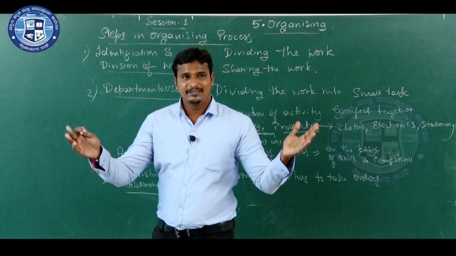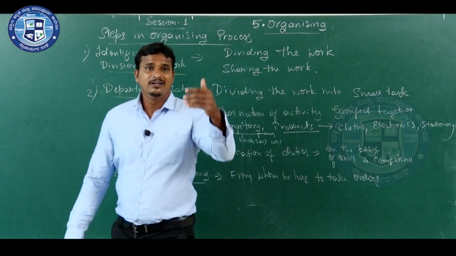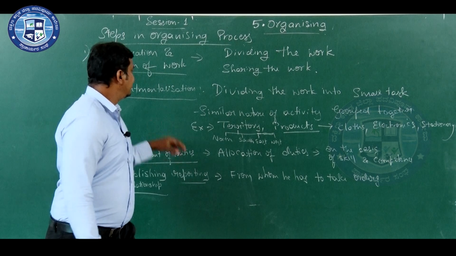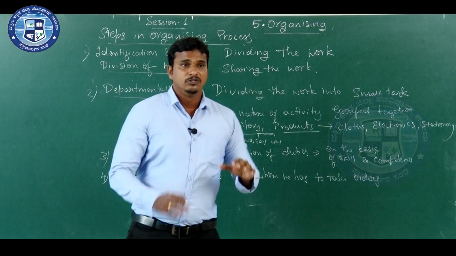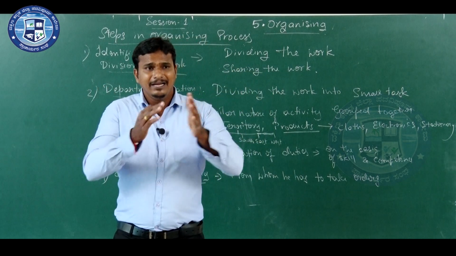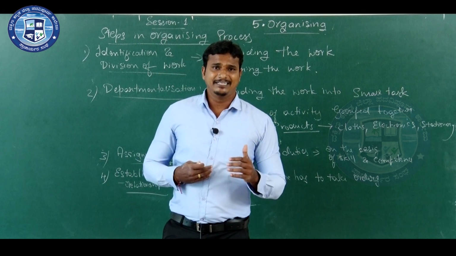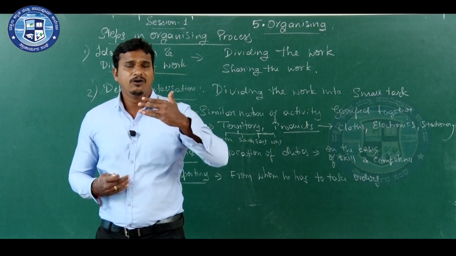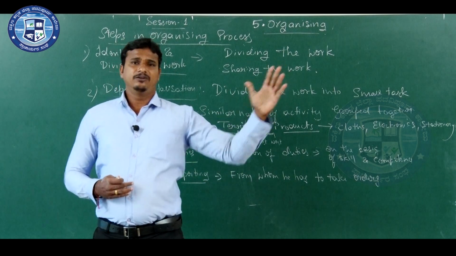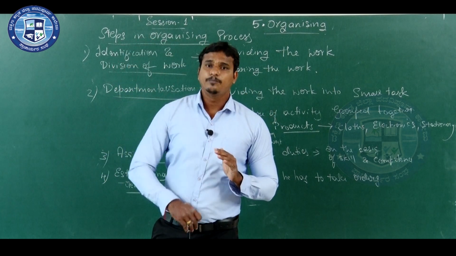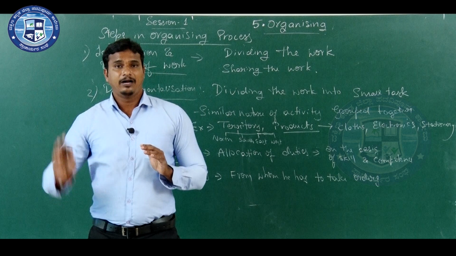Now, how to divide them? That is where departmentalization plays an important role. The whole of India will be divided on the basis of territory: in the north part one territory, the east part one territory, then the south part one territory, and the west part one territory.